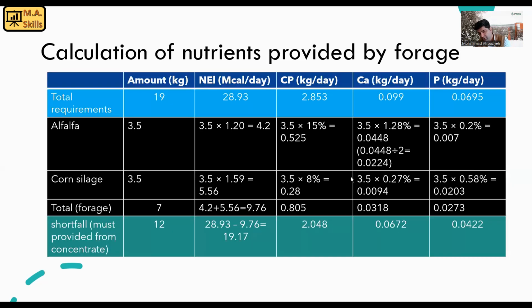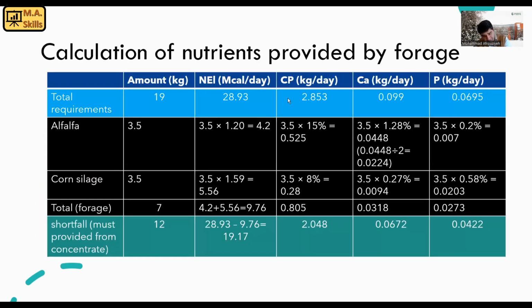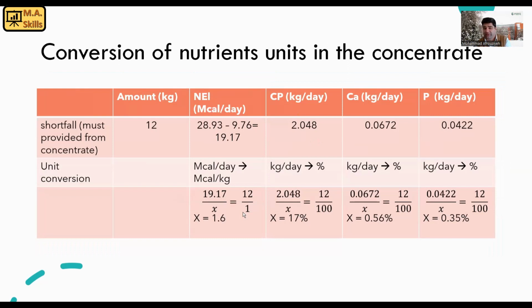Why? Because in the nutrient composition of ingredients tables, as you can see, the unit for energy is megacalorie per kilo, and the unit for other nutrients is percentage. That's why we are converting this.